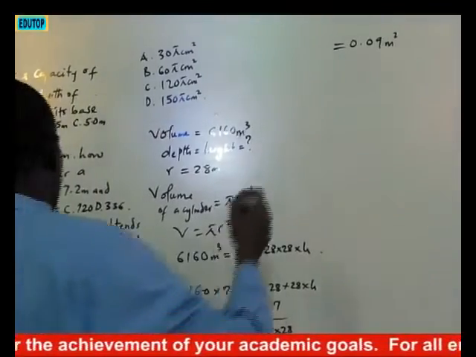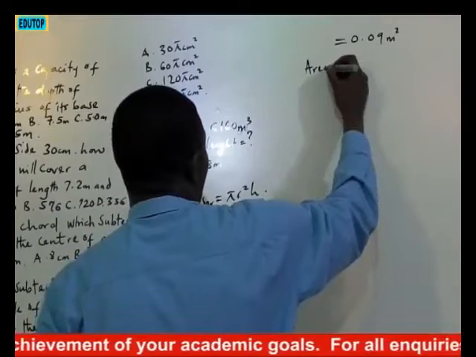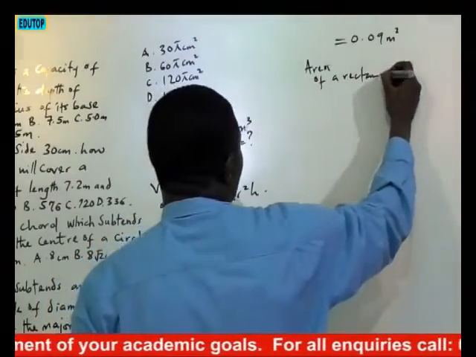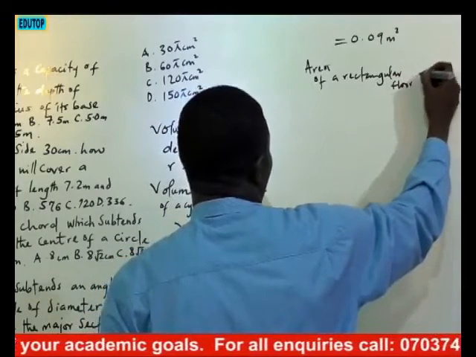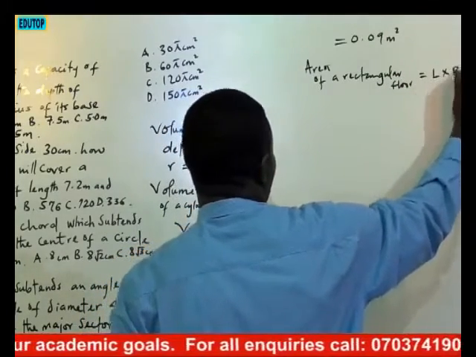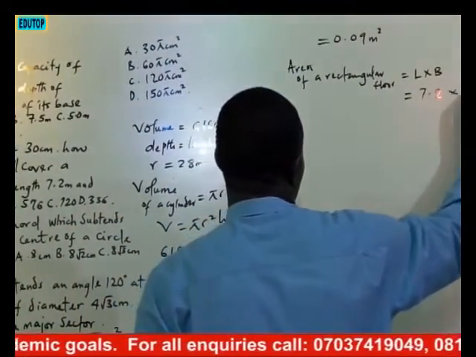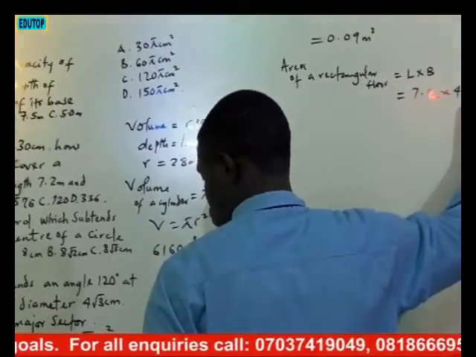So what is the area of a rectangular floor? That's the area of a rectangle. Area of a rectangular floor will be LB, that's length times breadth. So what's our length? Our length is 7.2 meters. What is our breadth? Our breadth is 4.2 meters.